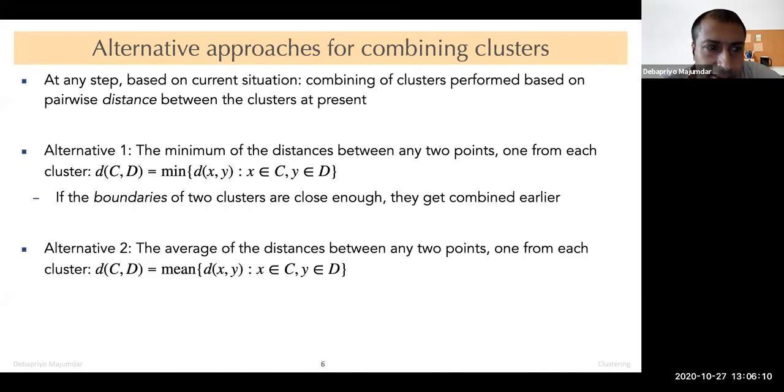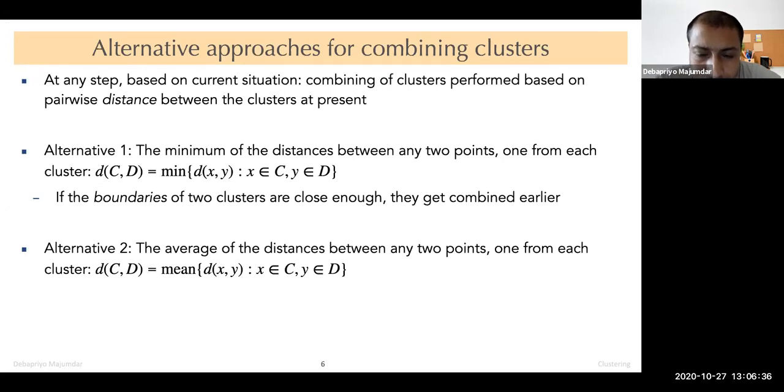The other possibility is the average of the distances between any 2 points, one from each cluster. This is not really how you write the mean, but instead of the sum divided by order n squared and all those things, I simply write the mean of distances between x and y, where x is from C and y is from D. Now what does this do?